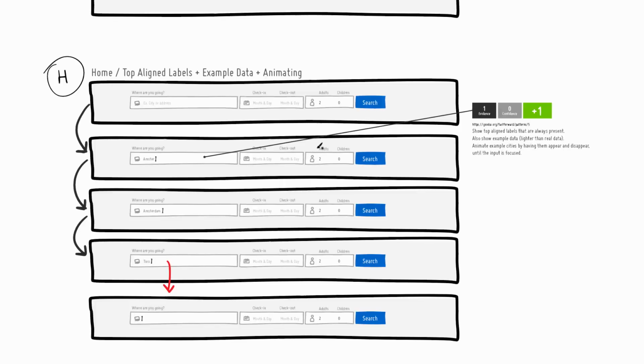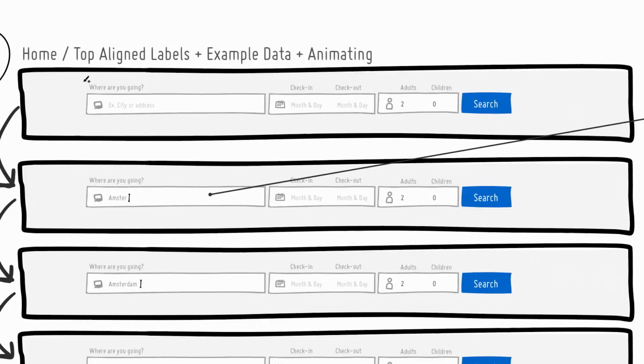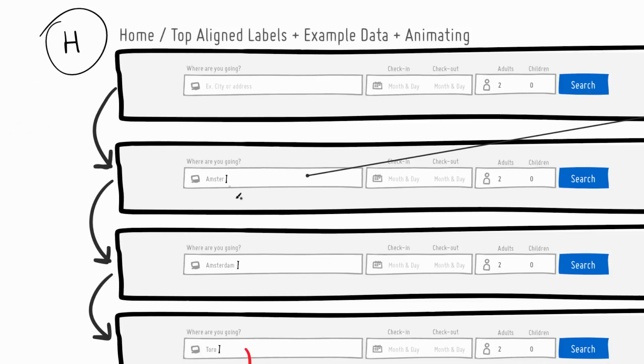This idea continues to build on that. Very similar, it also has the top aligned labels, has the example data, and then has a bit of a cue, a bit of a trigger here, just to invite the interaction. If someone hasn't focused yet on this field, the simple idea here is to animate dummy data, dummy examples, over time.